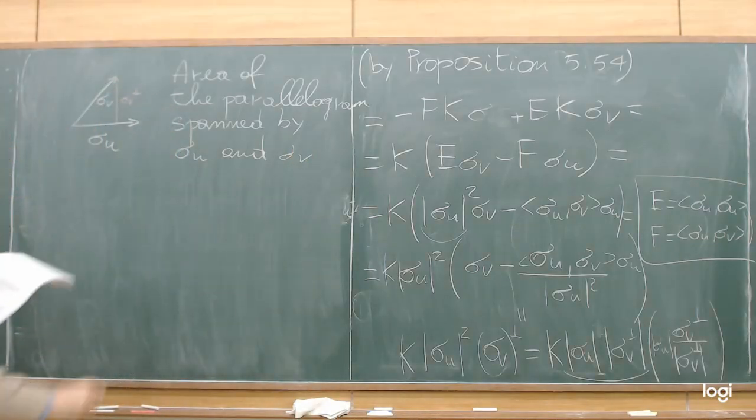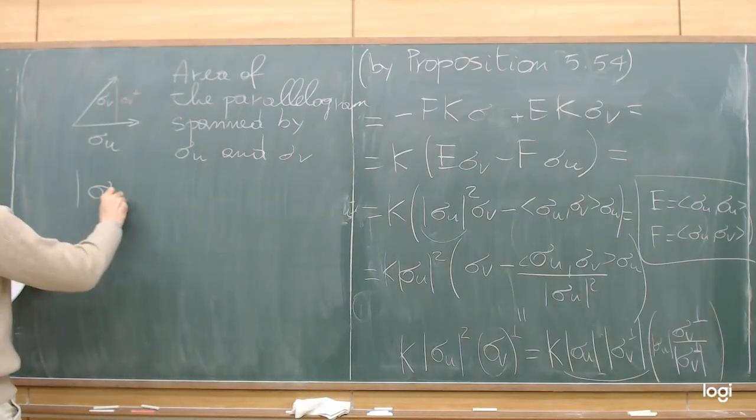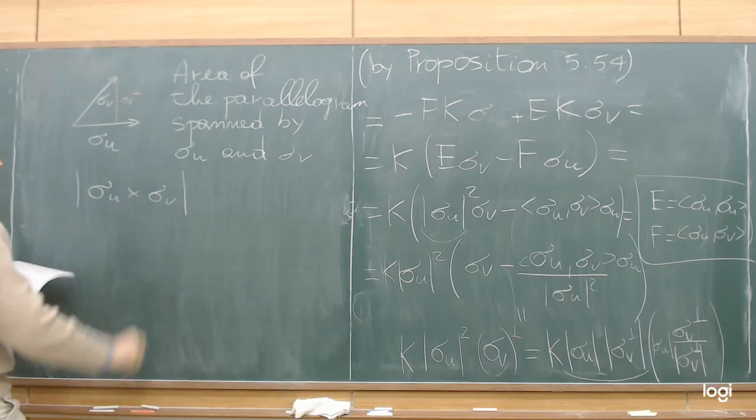Or in other terms, it is the same as the length of sigma u cross product sigma v.